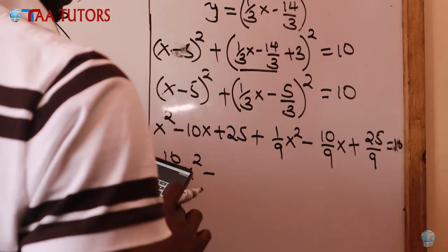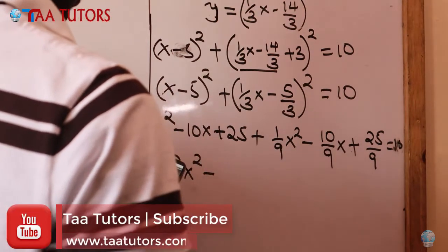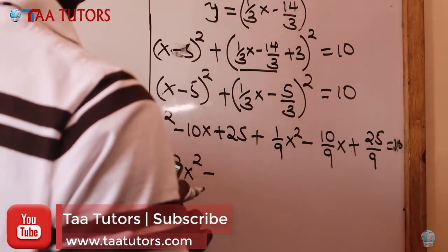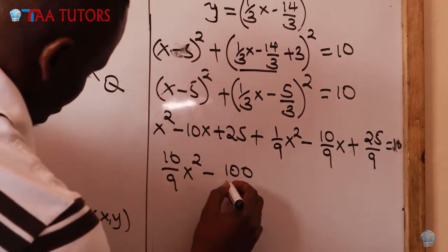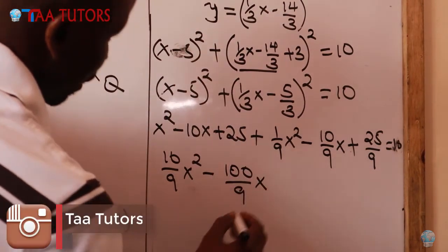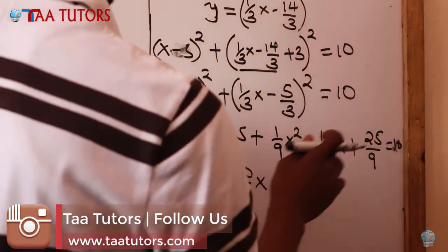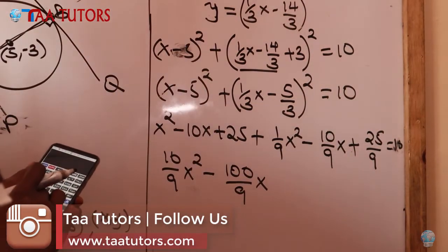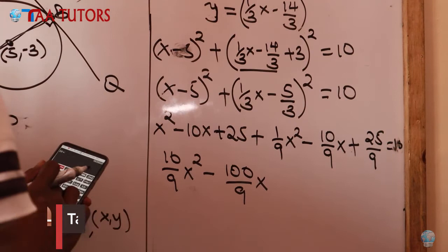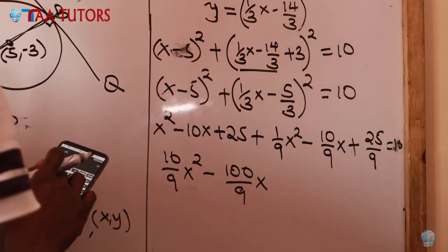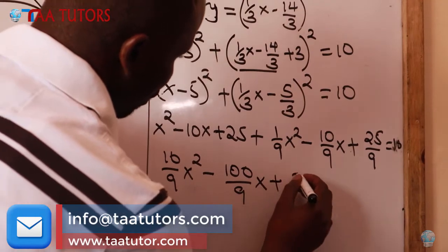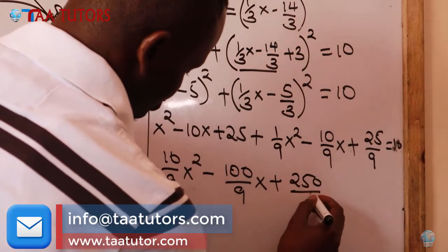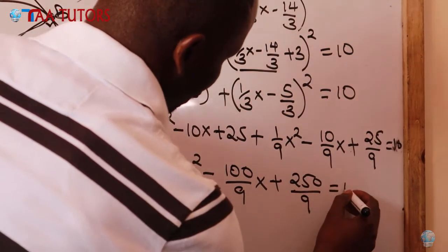Negative 10 minus 10/9 is actually negative 100/9 x. Then 25 plus 25/9, we actually get plus 250/9, equals 10.